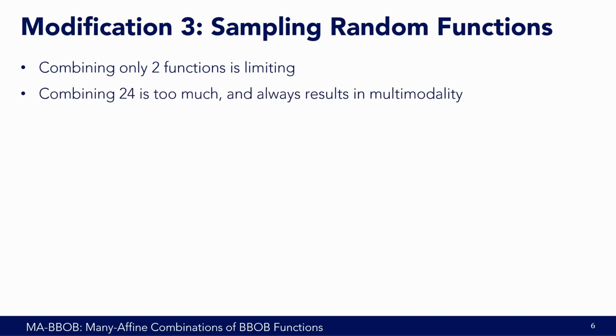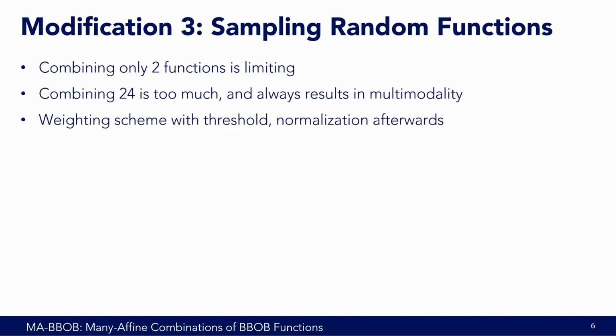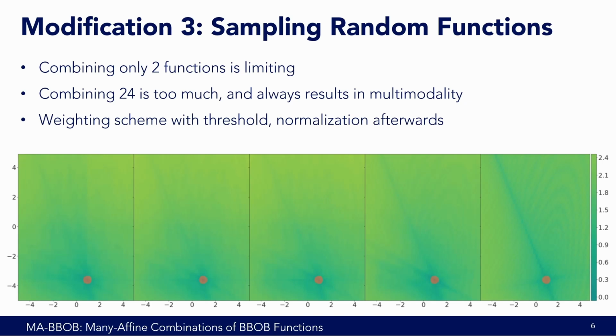But of course, combining 24 functions is too much. We will always have some amount of multimodality, for example. So we introduce a weighting scheme with some kind of threshold. So we bias towards using around 3 or 4 functions only, instead of using all 24. So we change from something that is always very highly multimodal to something that is a bit more nice and a bit more varied.